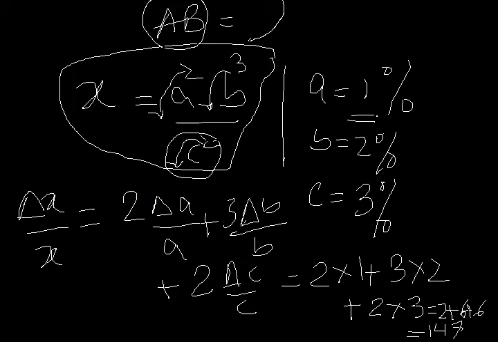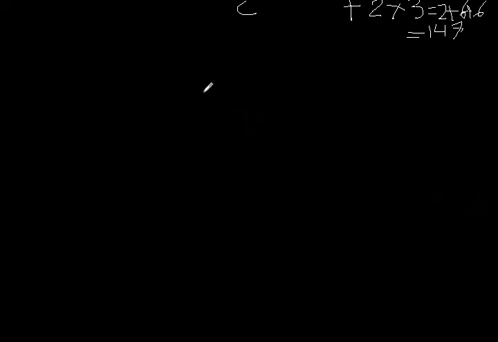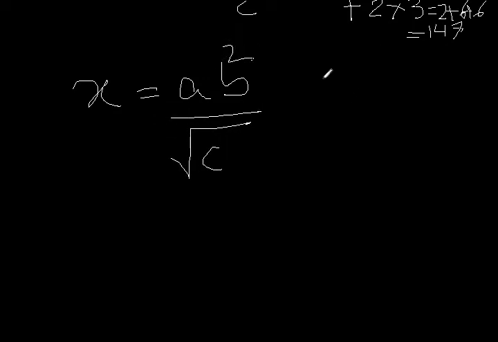Well, let us take another example, and I will make you try this. Now I have x varying as a, b square, and root over c. And I say that all of a, b, c have an error of 2% each.